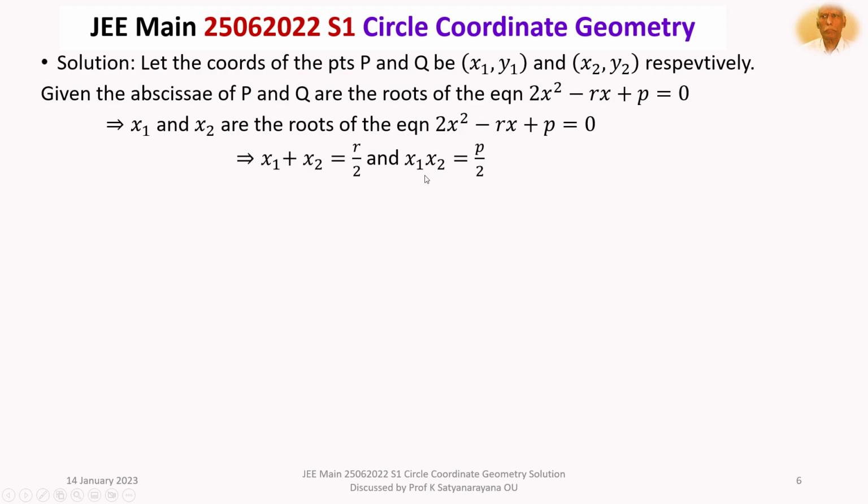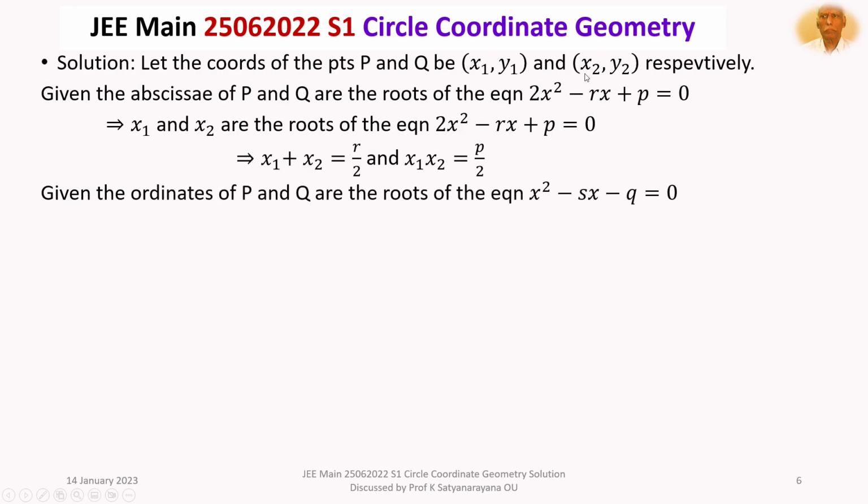The product of the roots is equal to the constant term by the coefficient of x square, that is p by 2. And we are also given the ordinates. The ordinates means the y coordinates, that is y1 and y2 are the roots of the quadratic equation x square minus sx minus q is equal to 0.